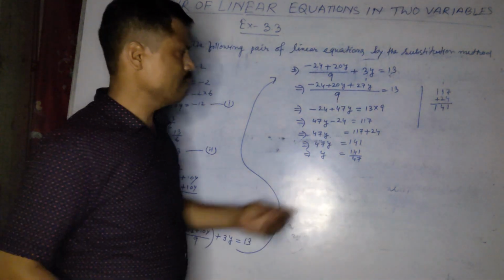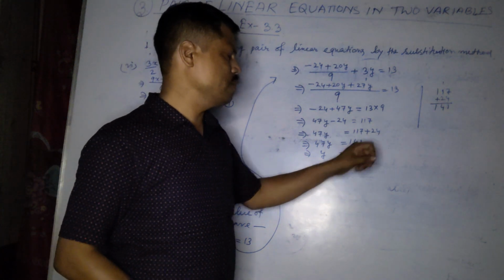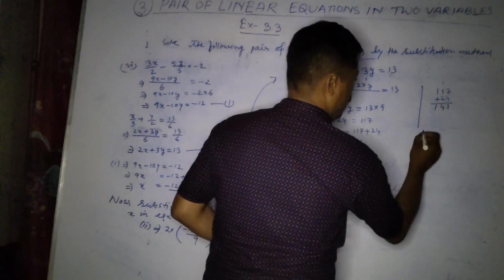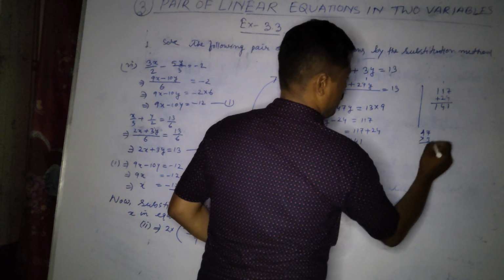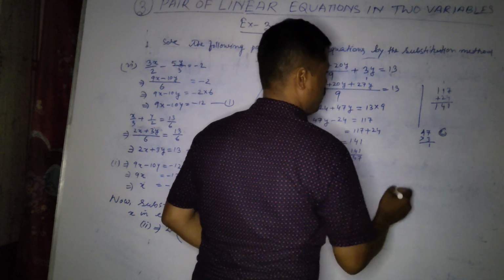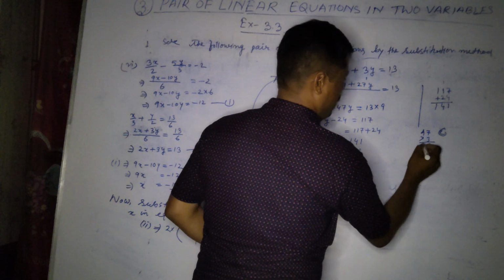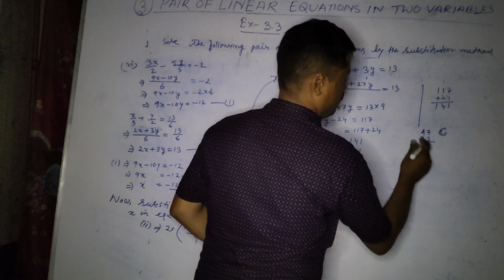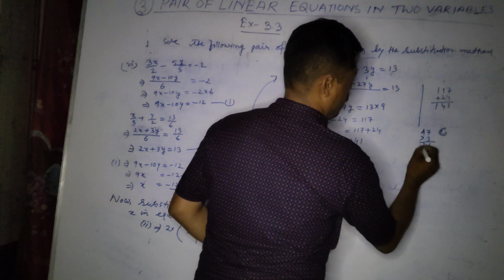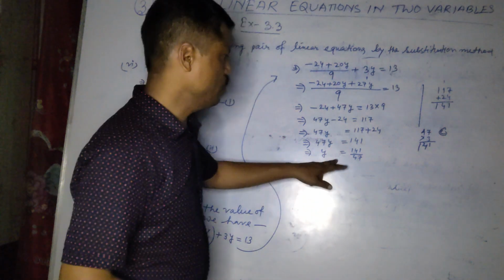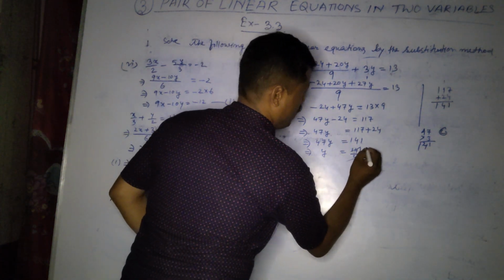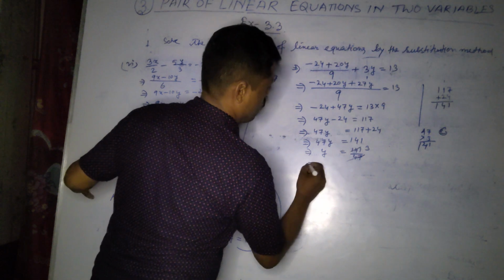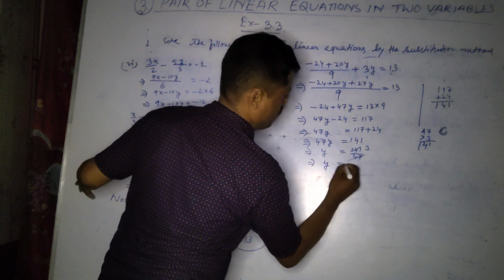It may be 3 times, because 47 into 3, let us check. 47 into 3, what will we get? 21, 2 in hand, and 4 into 3, 12, and 2 more, then 12, 13, 14, yes, 141. So 47 in 141, there will be 3 times. So y is equal to 3.